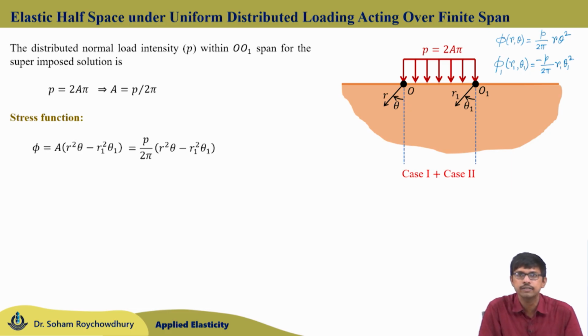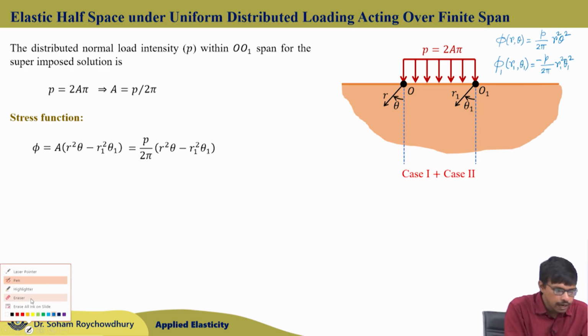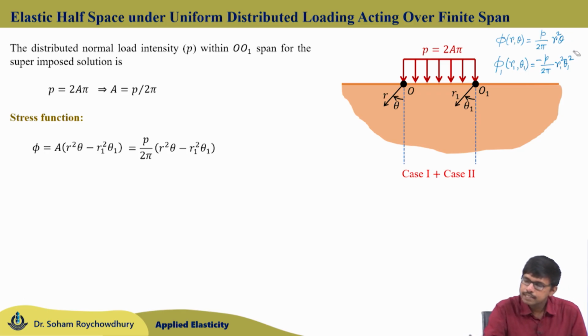The total stress function will be the superimposition or addition of these two, which will be P by 2 pi times r square theta, so this should be r square theta, not r theta square, minus r1 square theta 1, and hence using this phi we can get the overall stress functions, which would result in a stress distribution.